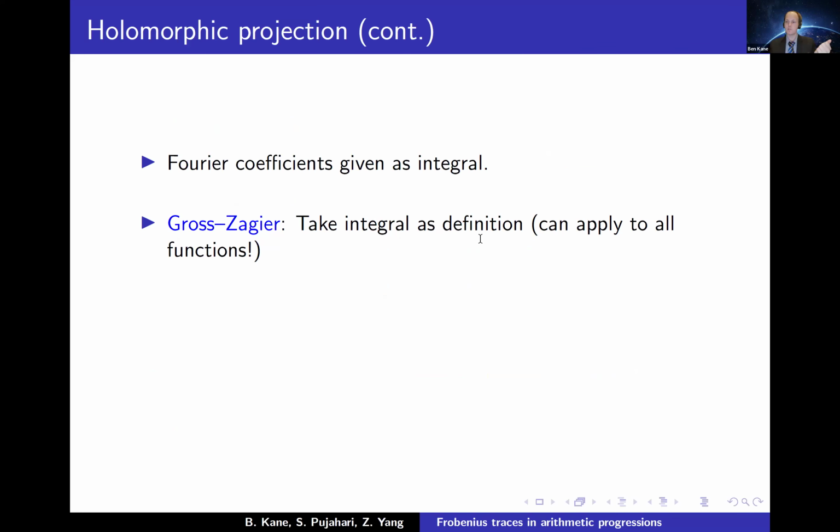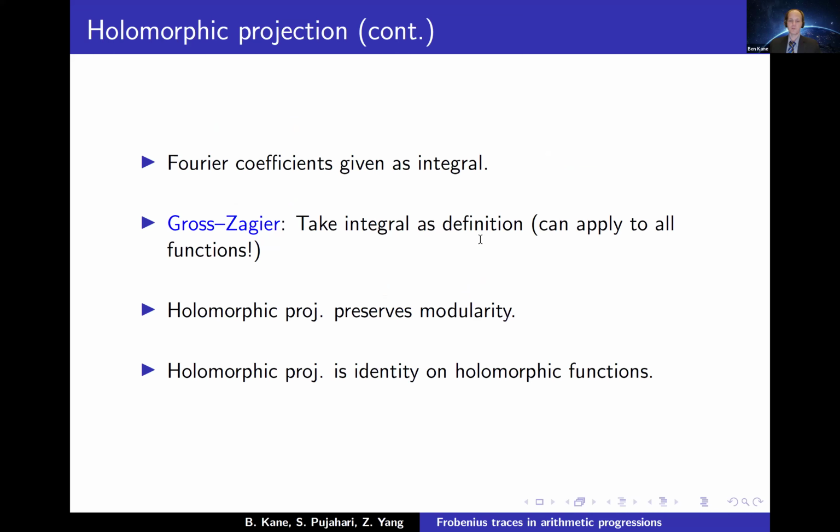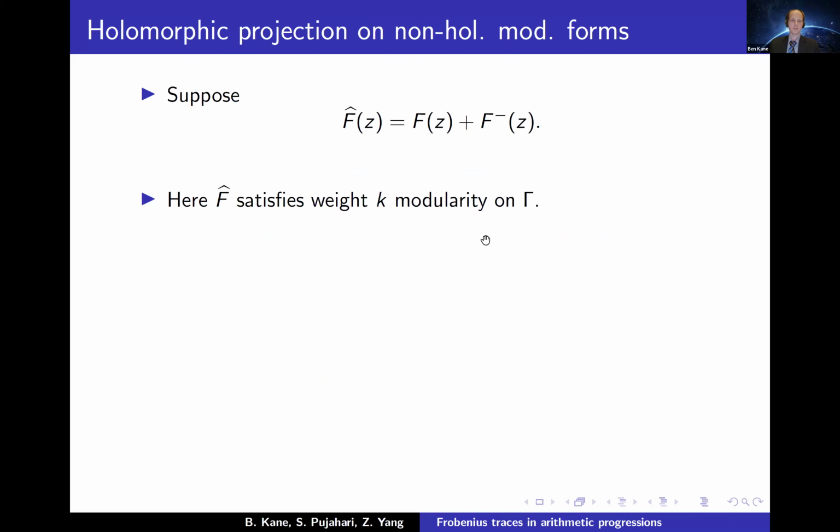So now they can split it into pieces. And so it preserves modularity. It's the identity on holomorphic functions. And essentially, because it's a linear operator, you can apply the operator to each of the pieces.